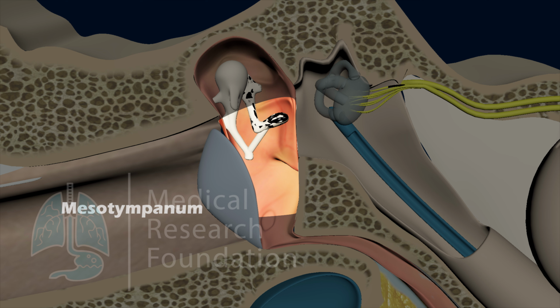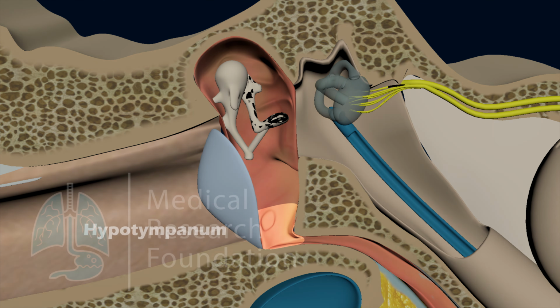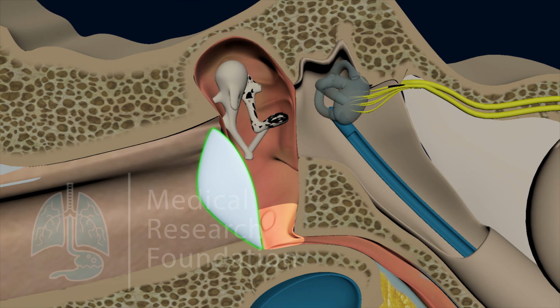Mesotympanum, a part opposite to the tympanic membrane containing the handle of the Malleus, long process of the Incus, and Stapes. It is the narrowest part of the middle ear. Hypotympanum, a part below the tympanic membrane.